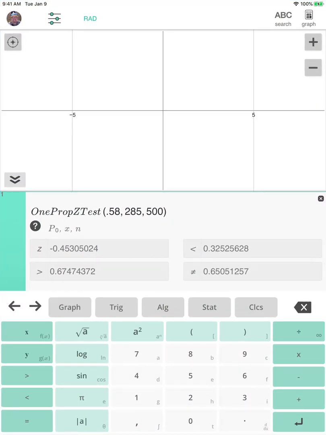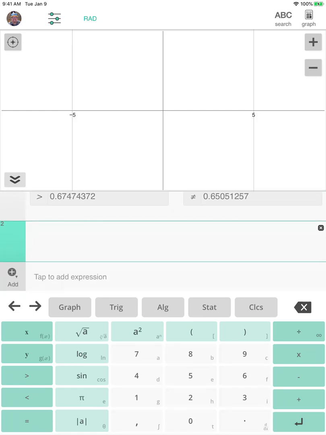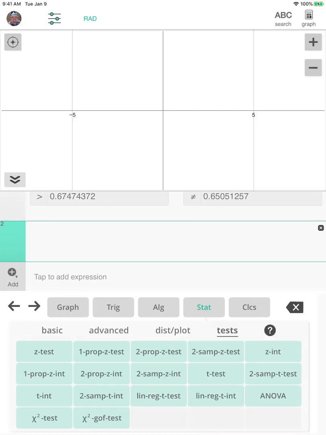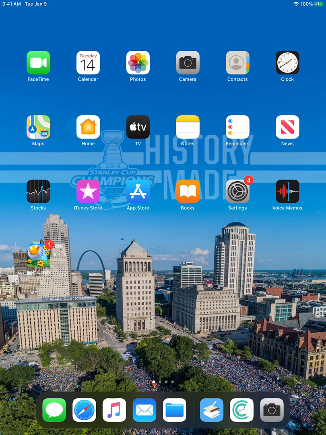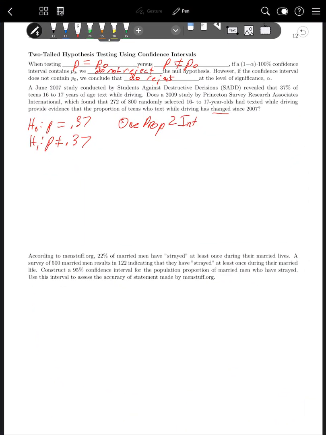So I go to my calculator. Let's hit enter. I'm going to leave that there for a second. I hit stat, test, and now I choose one prop z interval. And now I put in my x, my n, and my c level. So in this case, my x is 272, my n is 800, my sample size, and my c level is simply whatever alpha value we want to use.